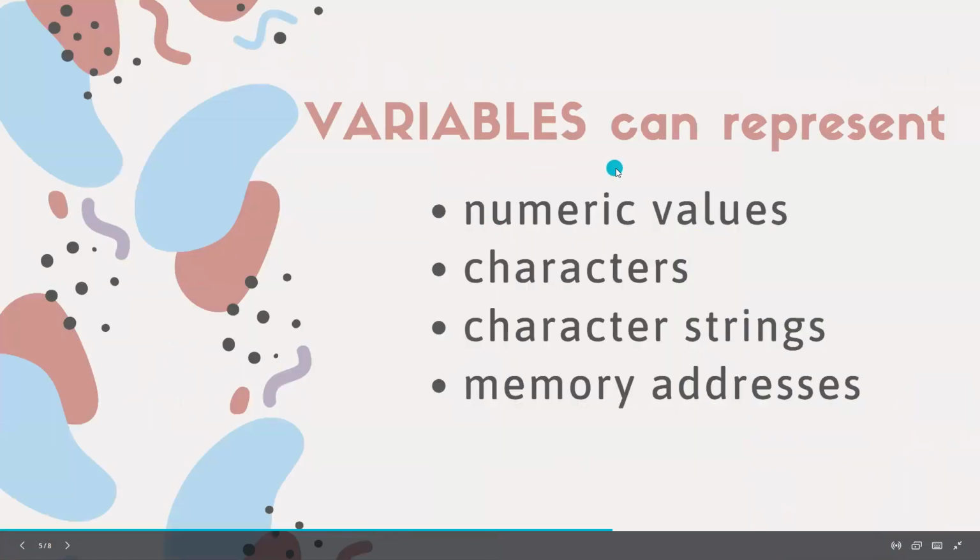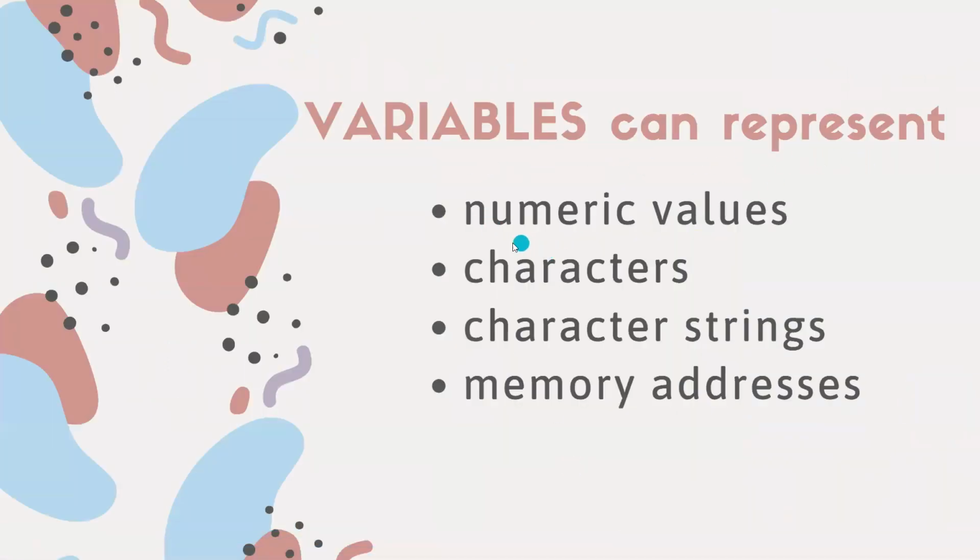Next, variables can represent numeric values, such as last time we had numbers 1, 2, 3, and so on, or the grades 98, 150. These are numeric values, but it's not only that. Variables can also save characters.